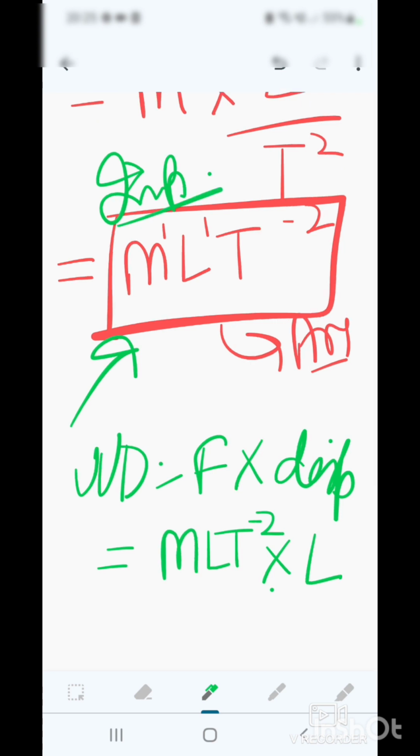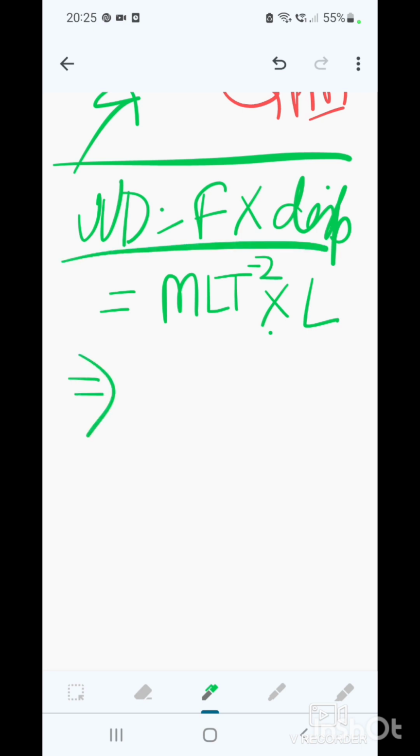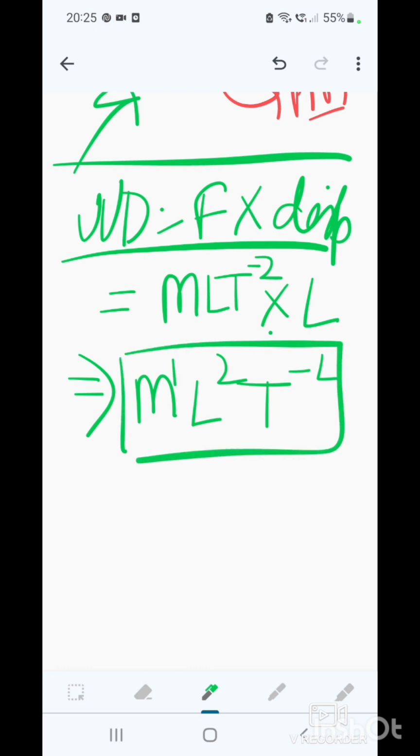You have to learn this because it's used in many other formulas. Like we are making the formula of work done, and it is used over here also. And then this will result in the formula of work done, which is M1 L2 and T minus 2.